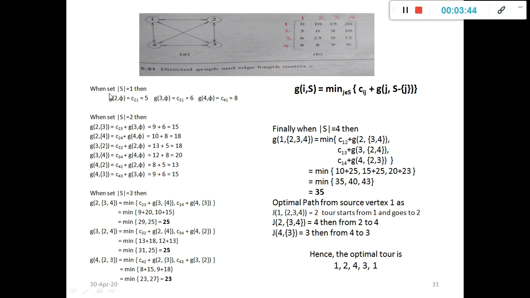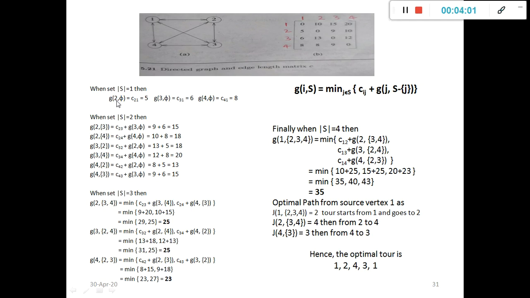First consider the case where the set S is empty, that is, only one vertex remains to consider. Assume the salesperson visits the last vertex, say 2.